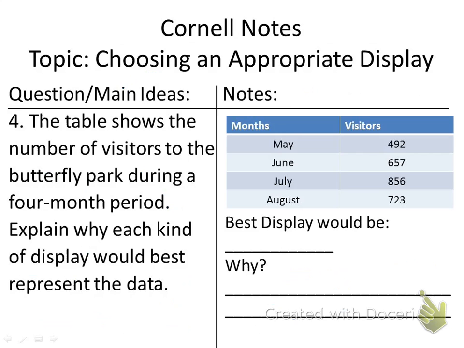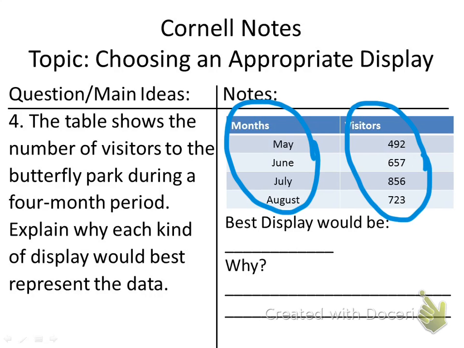Question number 4. The table shows the number of visitors to the butterfly park during a 4-month period. Explain why each kind of display would best represent the data. So, let's look at the data. Which would best represent it? Well, we have months, so this is a category. We have the number of visitors, and looking at this, what would best represent this?